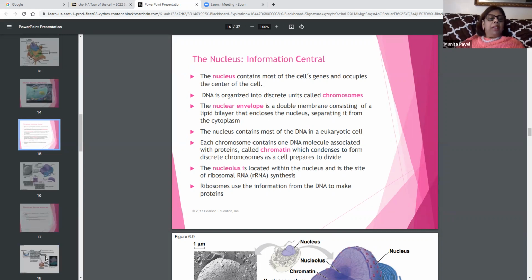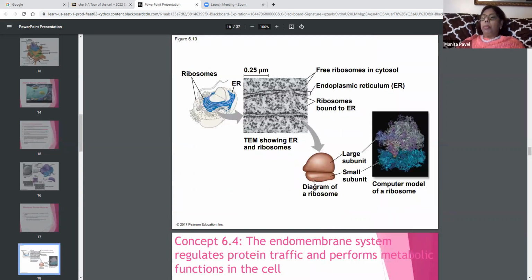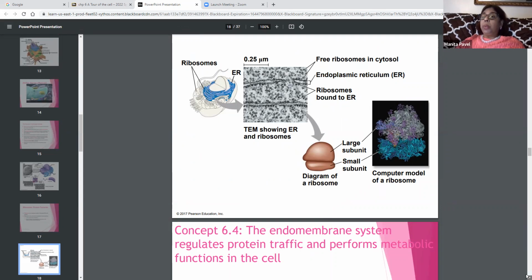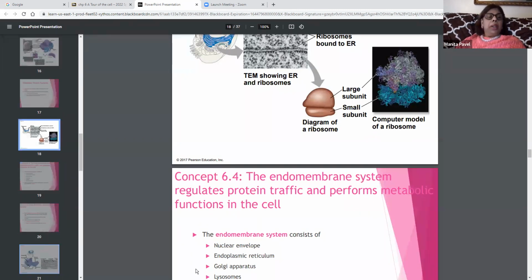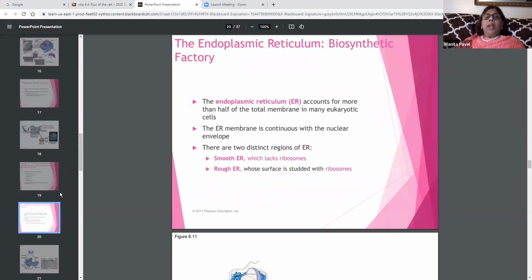So we're going to see the structure of these ribosomes and see where exactly ribosomes will be present within the cell. Ribosomes are present on the rough endoplasmic reticulum. ER, the acronym ER, refers to endoplasmic reticulum.